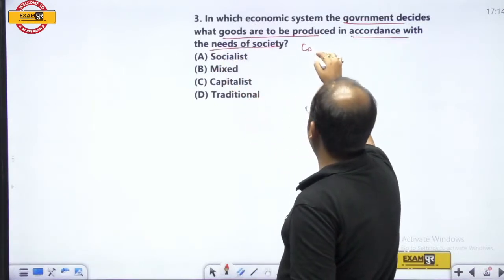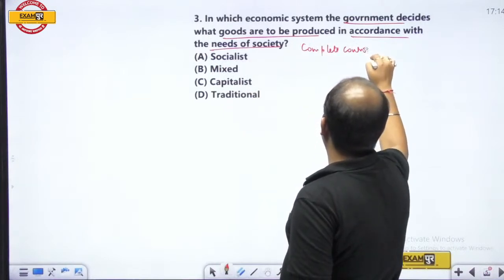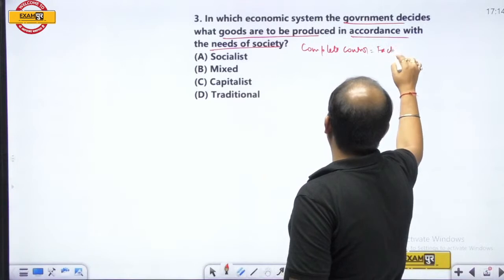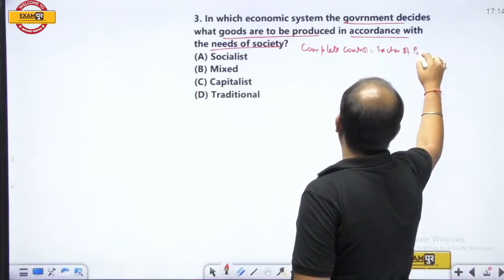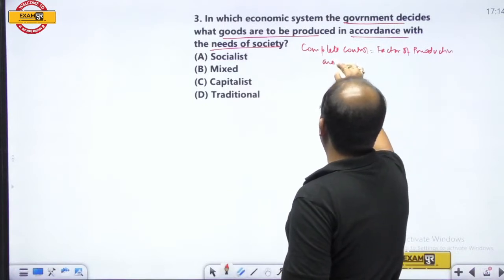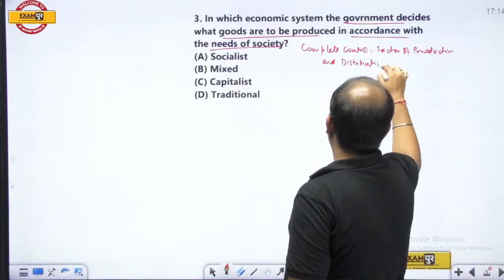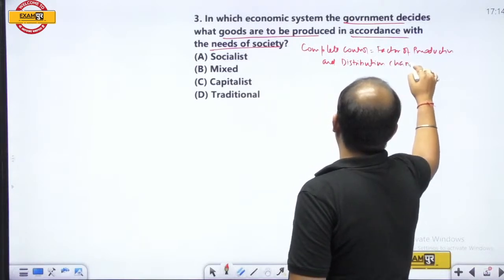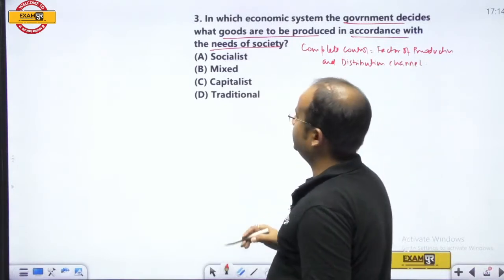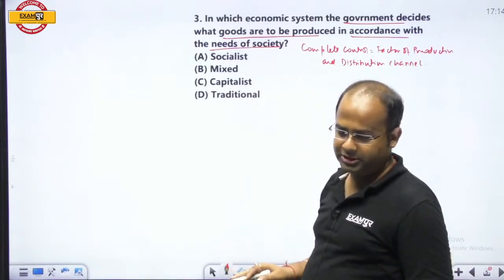That means the government has complete control over the factors of production and the distribution channel. So what type of system is it called, guys?